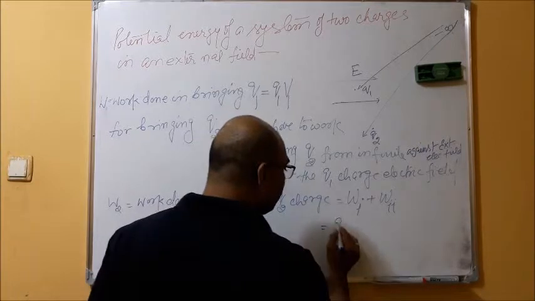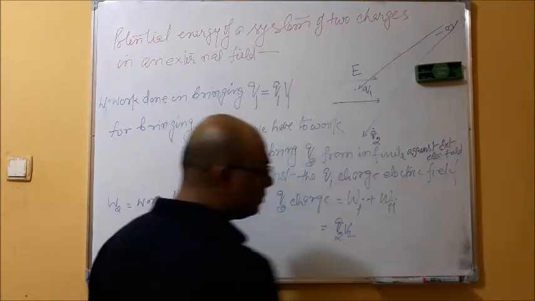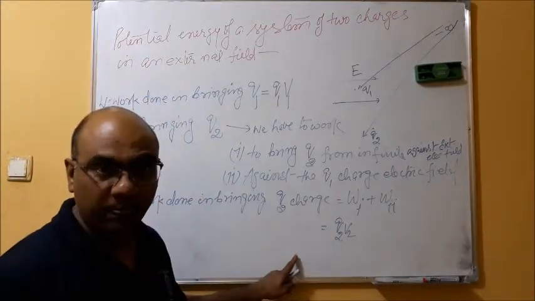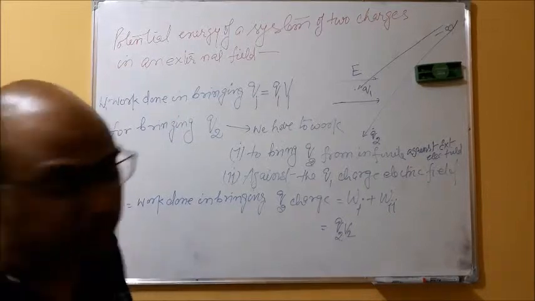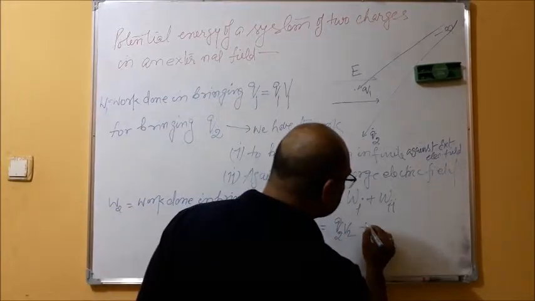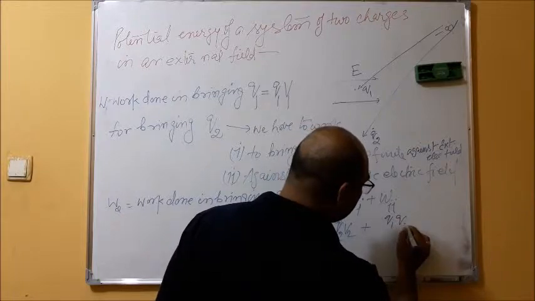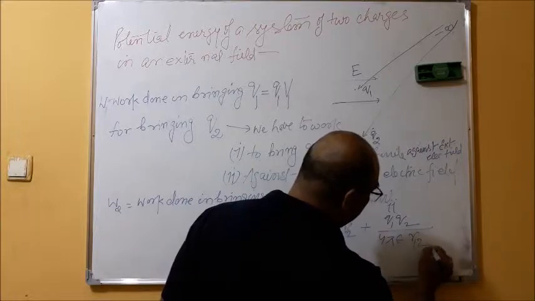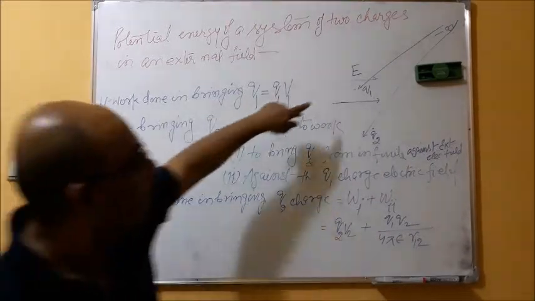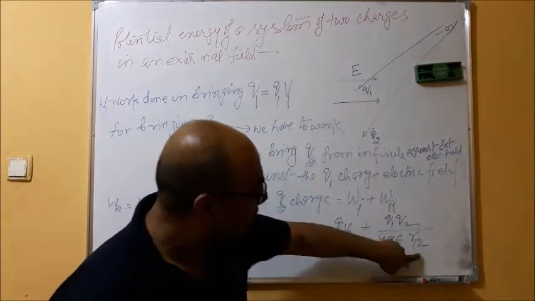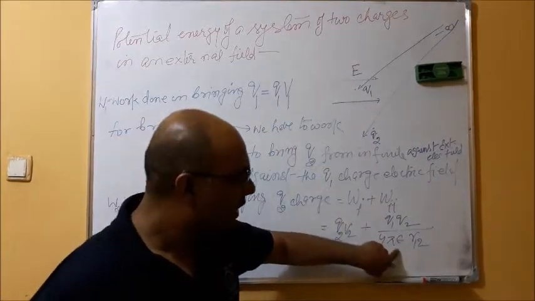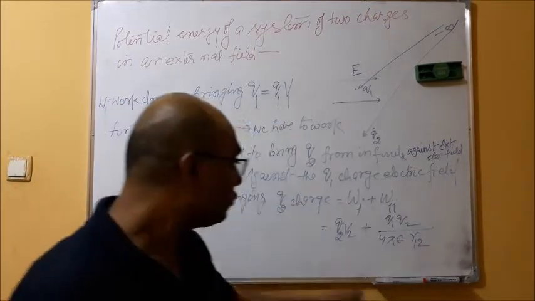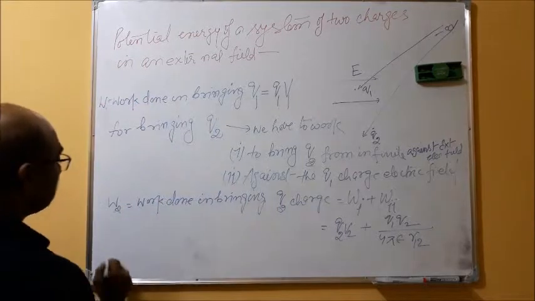Its value will be Q2 V2, and plus Q1 Q2 upon 4 pi epsilon naught R12, where the distance between Q1 and Q2 is R12.